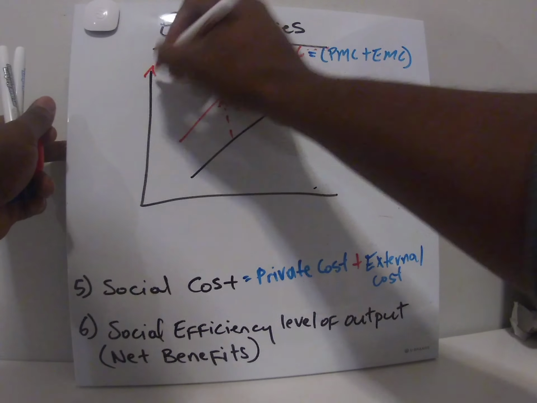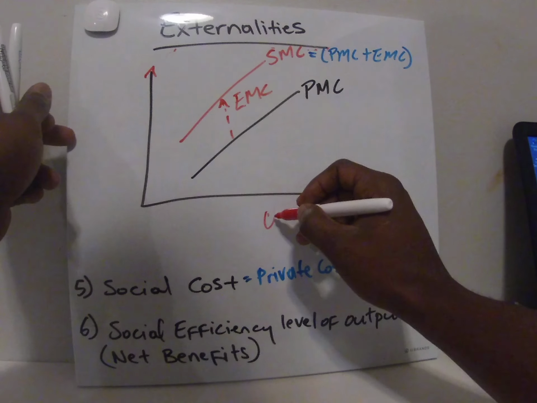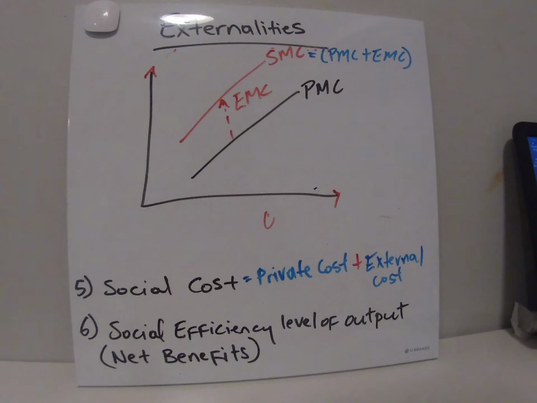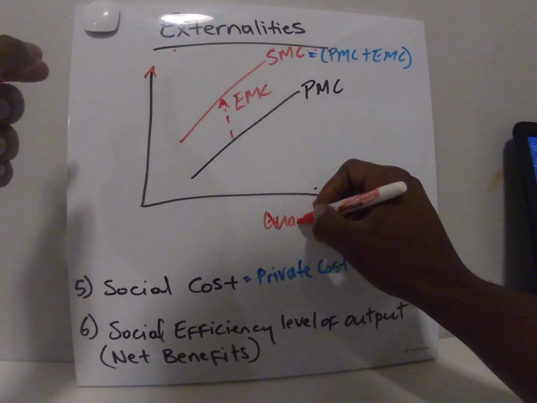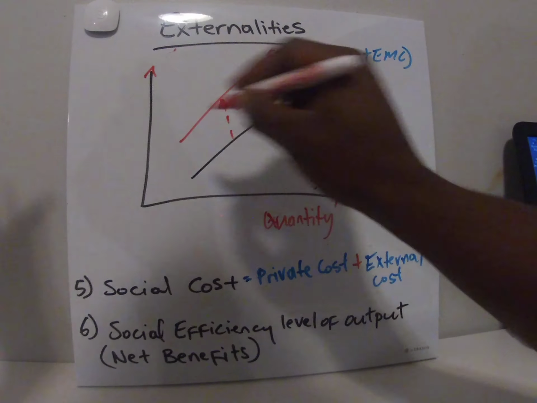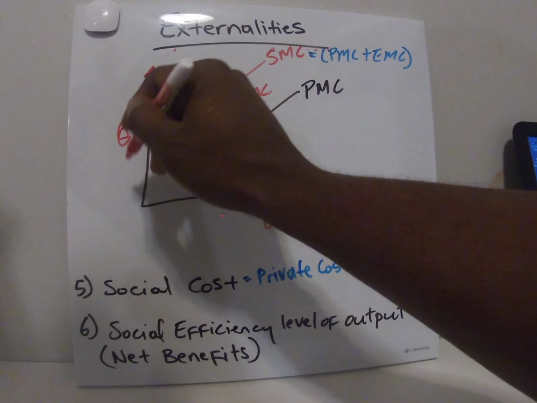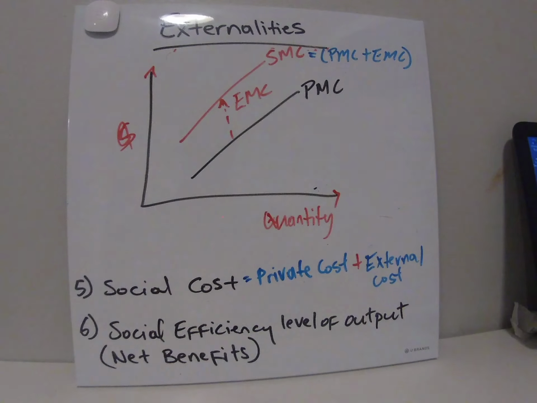And again, over here, the quantity, and then the amount in dollars. All right, so that's how our social costs curve would look like.